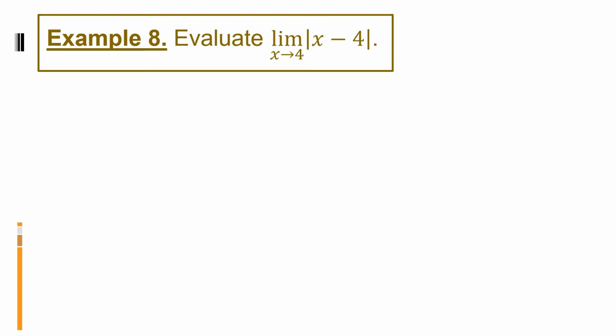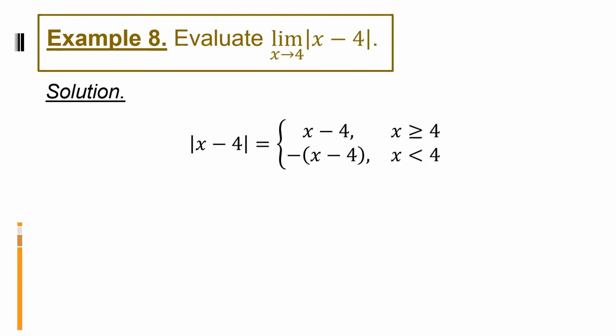One-sided limit is also used in evaluating the limit of absolute value functions. So, for example, we want to evaluate the limit as x approaches 4 of the absolute value of x minus 4. So, for our solution, yung definition natin ng absolute value is equal to the piecewise function x whenever x is greater than or equal to 0 and negative x whenever x is less than 0.